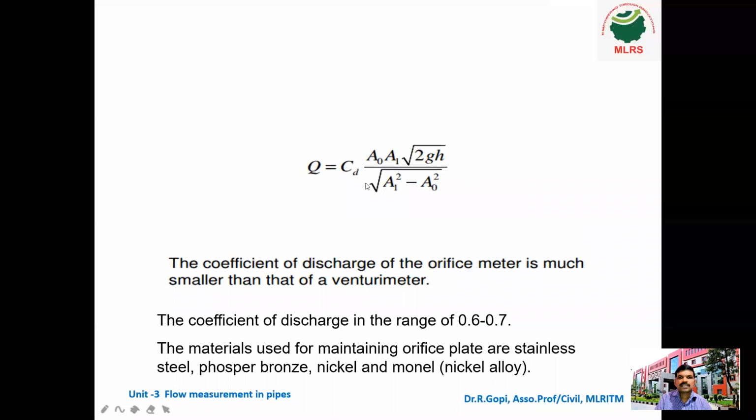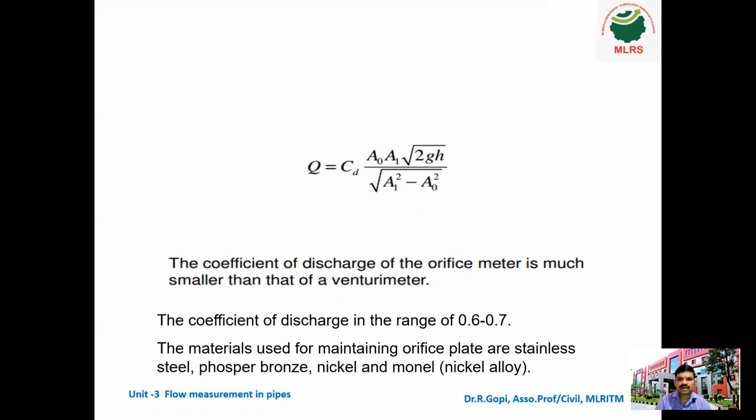The discharge Q is equal to Cd into A0 A1 root 2gh into root of A1 square minus A0 square. Here there is no A2; instead of A2, we put A0, which is the area of the orifice.